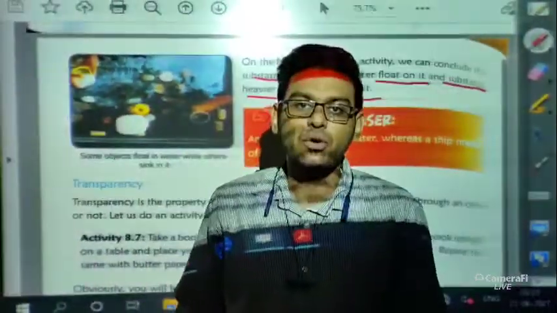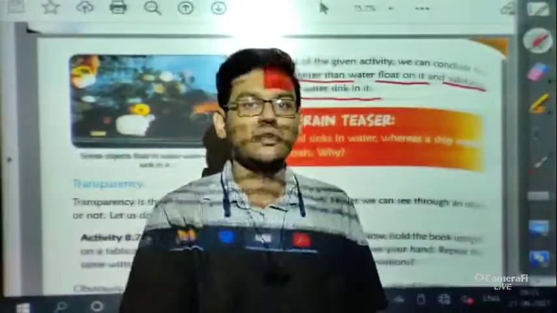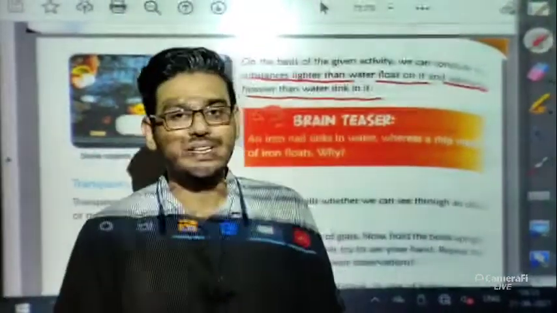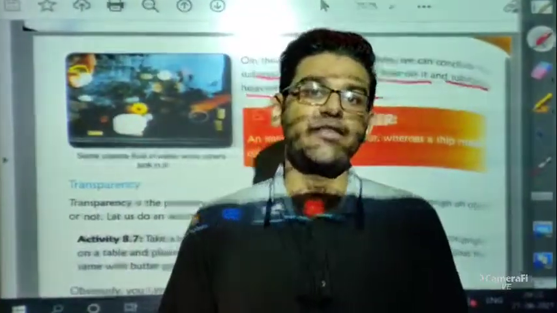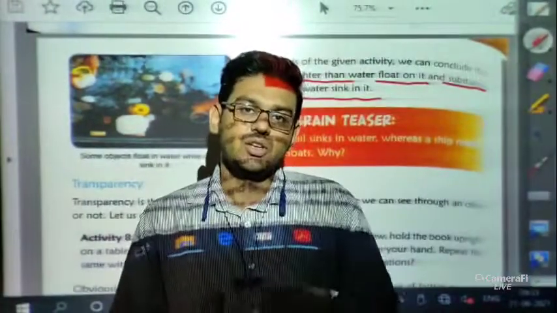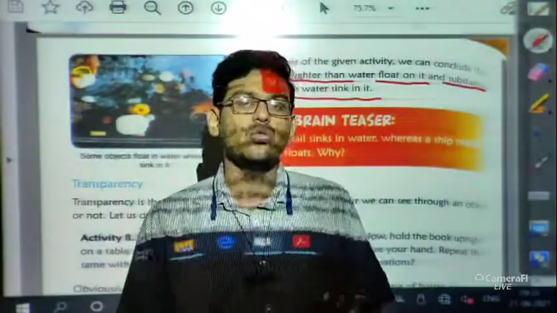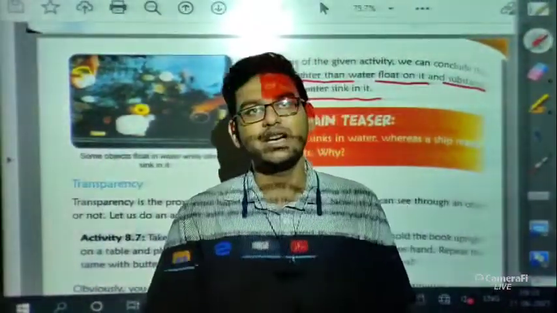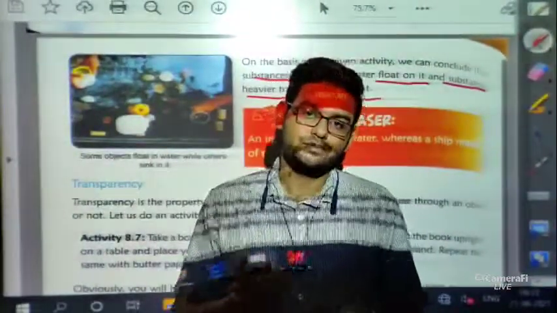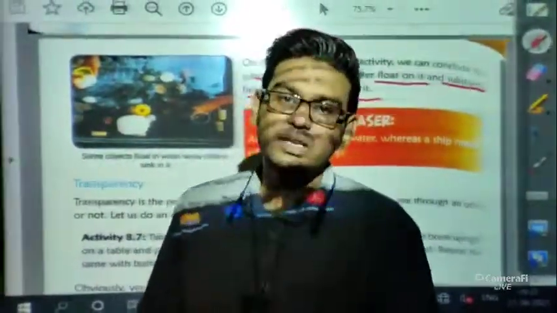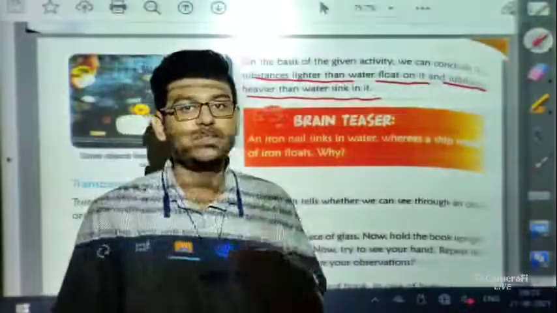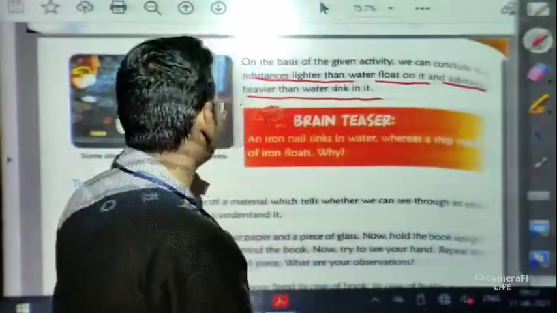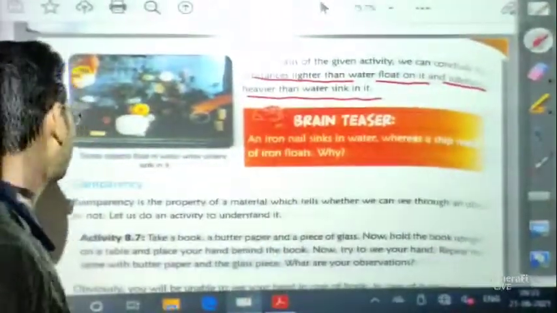It will not float because the stone is heavier than water. So the substances or materials which are heavier than water will sink, and those which are lighter than water can float, such as dry leaves, wood. So this is our conclusion of the part.